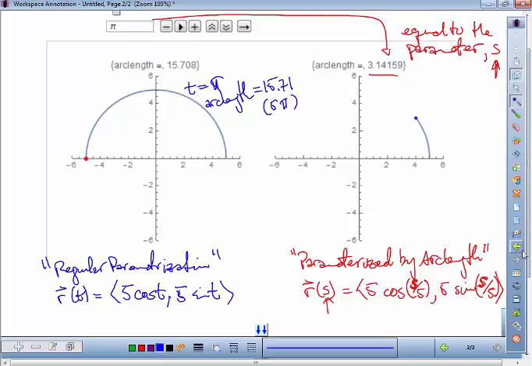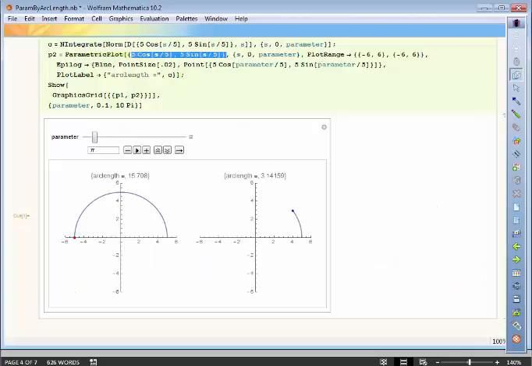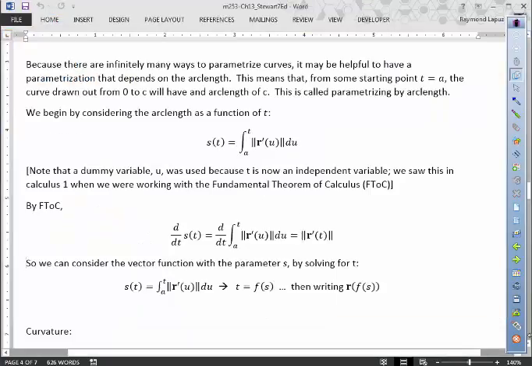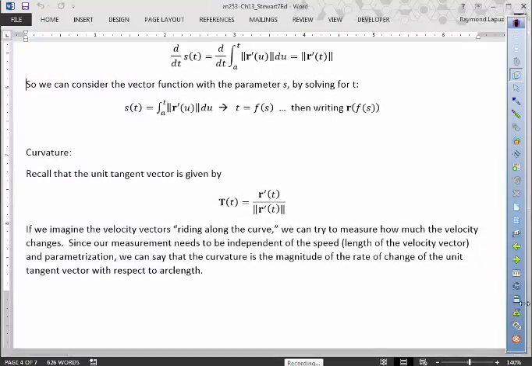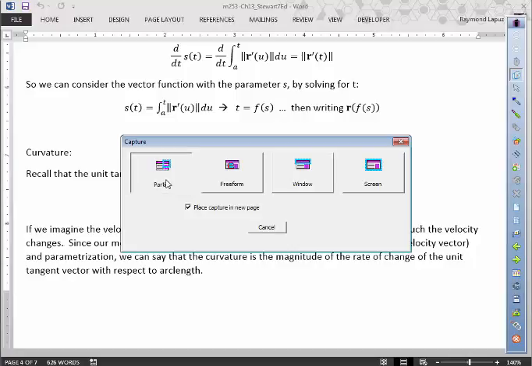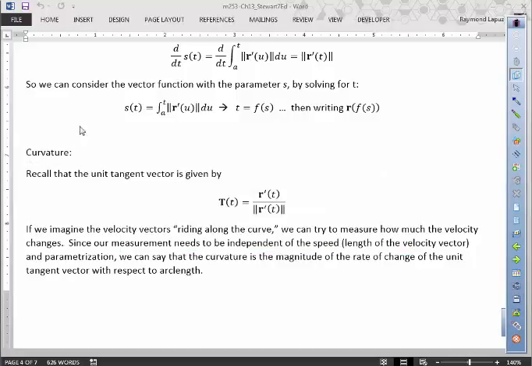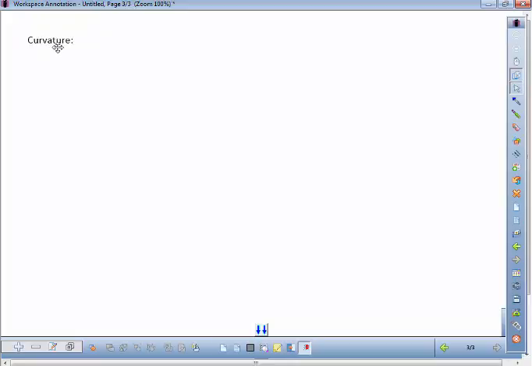All right, parameterizing by arc length. So our next topic, within the same section, is the curvature.